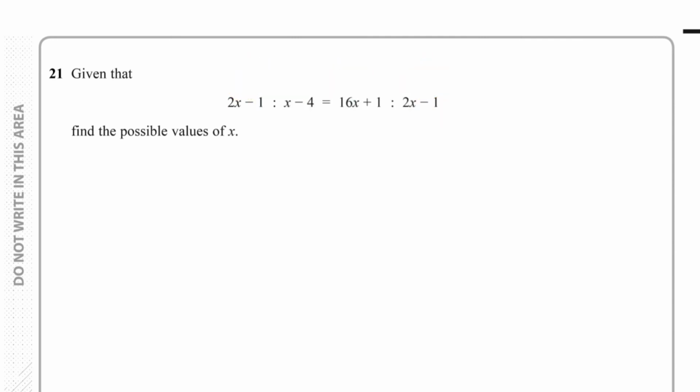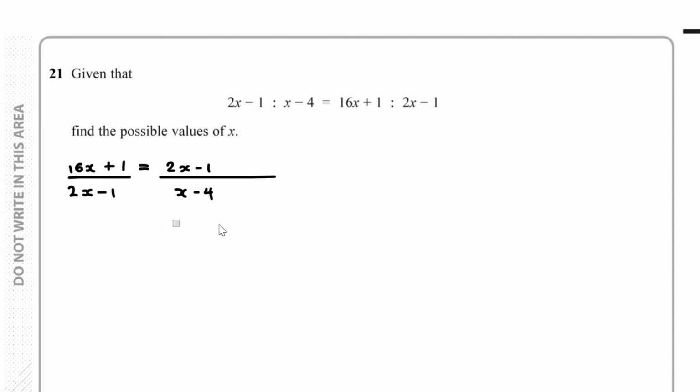let's get rid of all this. We can form an equation to say that 16, let's just draw the fraction lines first. You can see here that we've got 16x plus 1 over 2x minus 1 is equal to 2x minus 1 here over the x minus 4.